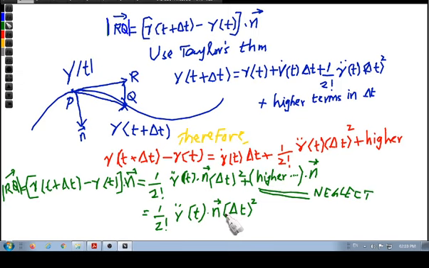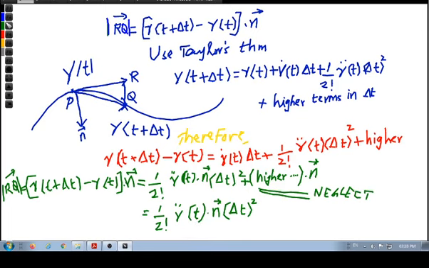Okay. So therefore, this deviation can be measured in terms of the second derivative, gamma double dot of t. So that is the idea.